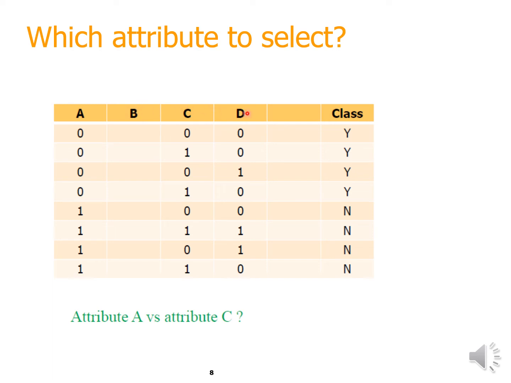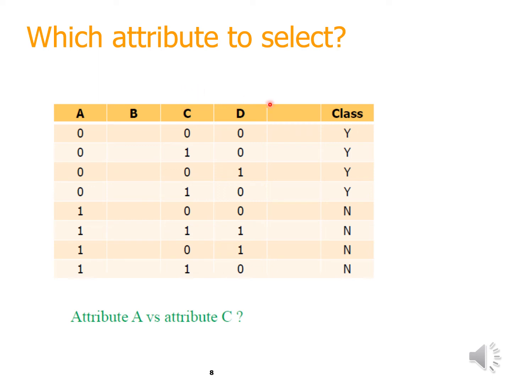On the other hand, in attribute C, again, the goal is to predict the class value. When attribute C is 0, we have 2 Y and 2 N. This is very unclear.